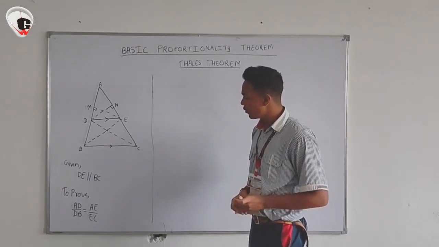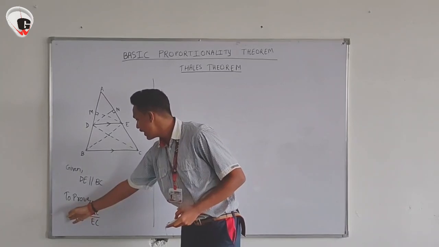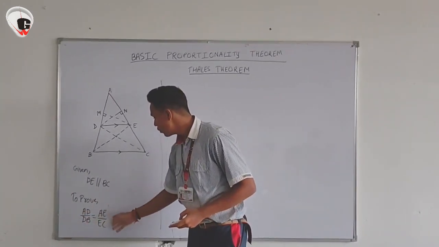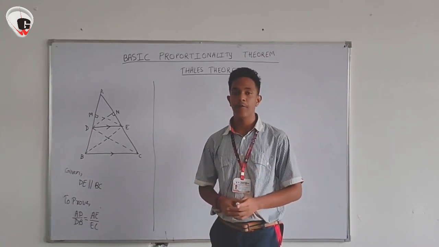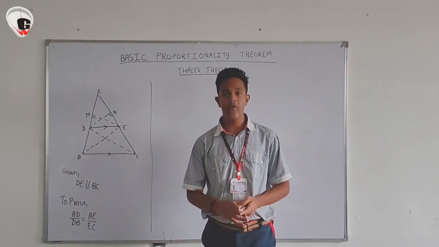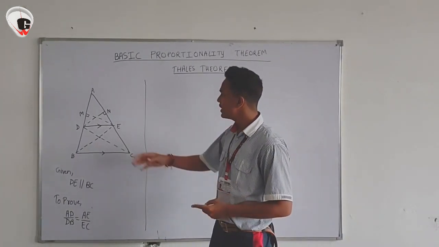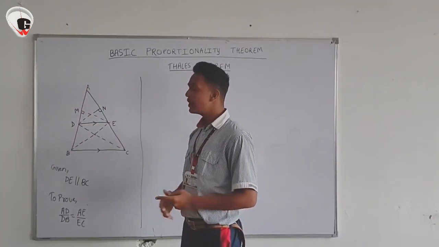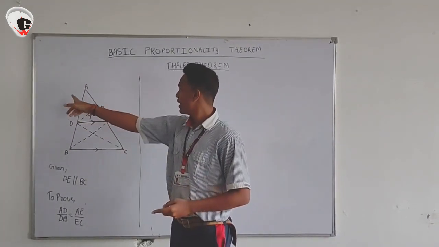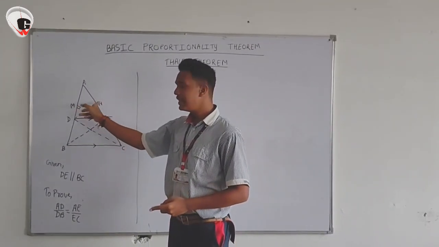To prove this theorem, we have to make such equations that we can equate AD and DB to AE and EC. We can prove this by the area of triangles. We know that the area of a triangle is half into base into height. If I take the triangle ADE, I can make two equations in which I can have AD, AE, EM and DN.